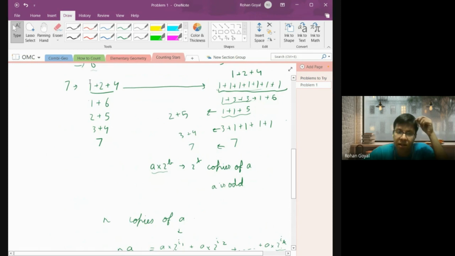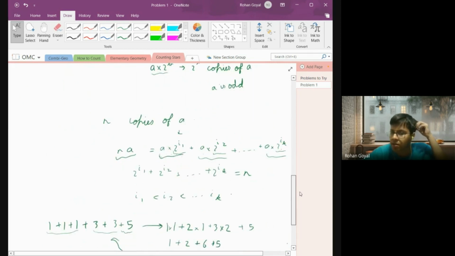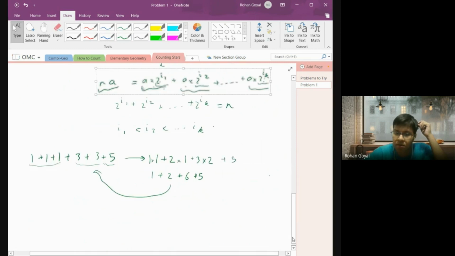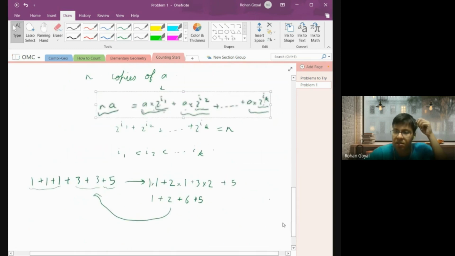You tried to break 1 plus 2 plus 4 as 1 plus 1 plus 1 plus 1. They just do it backwards. How do you do it backwards? There can be only one way to do it backwards. That has to be this. Does that make sense? You can take your time to digest it.